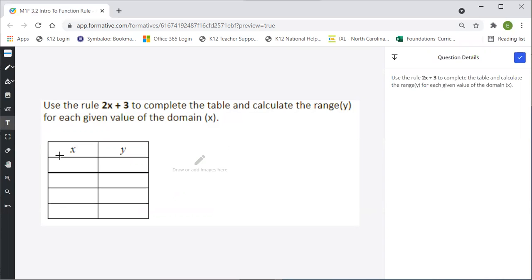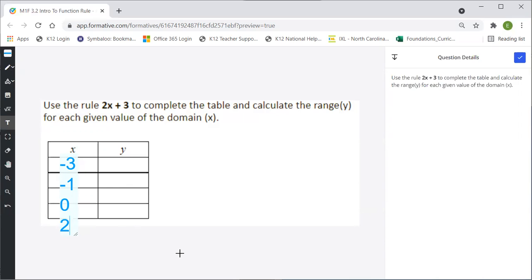If we're in class, I'd give you guys the options, but I'll just go ahead and put some random x values in here. It does not matter what you use. I would always just put them in numerical order, but you don't have to either. So let's do -3, -1, 0, and 2.